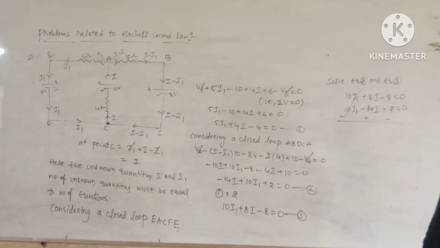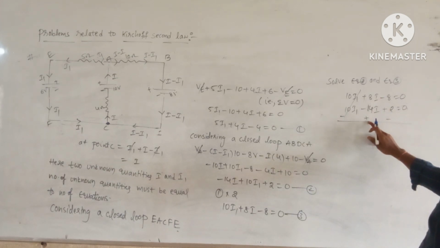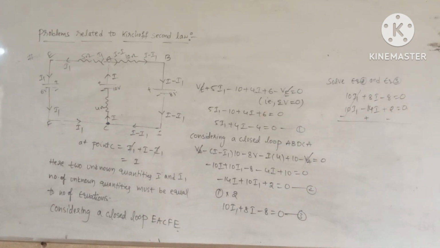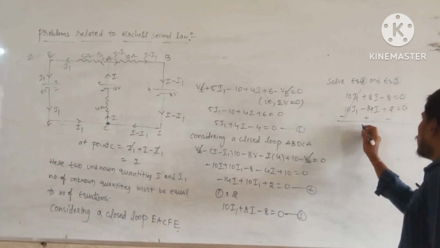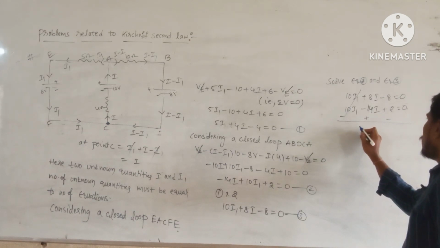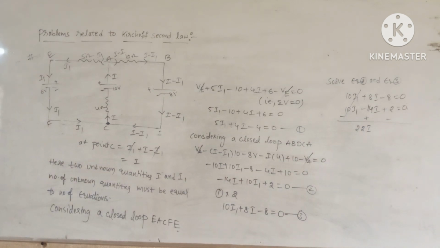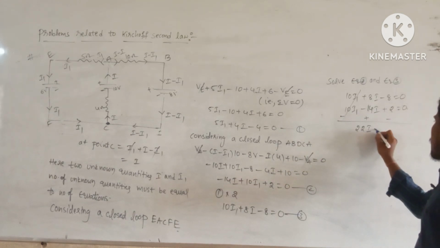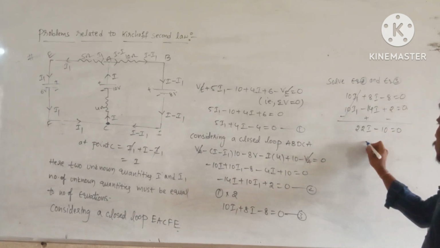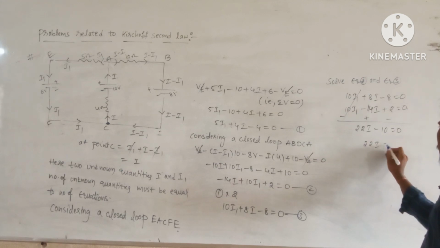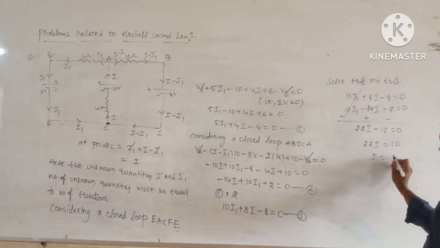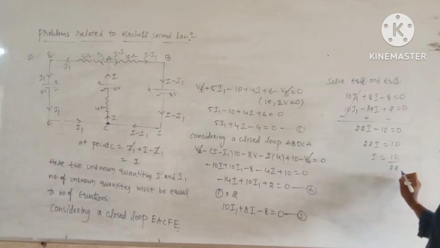So plus 10I1 minus 10I1 cancel. 8I plus 14I, 22I. Minus 8 minus 2, minus 10 equal to 0. So 22I equal to 10. I is equal to 10 by 22.